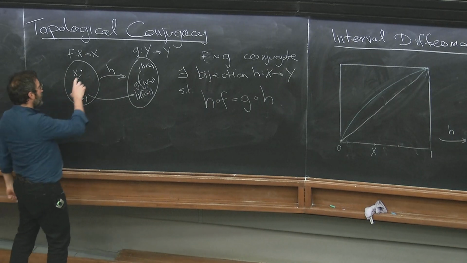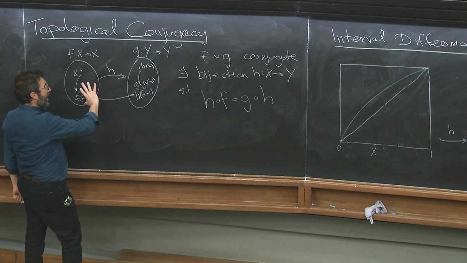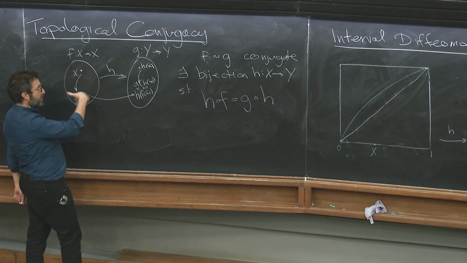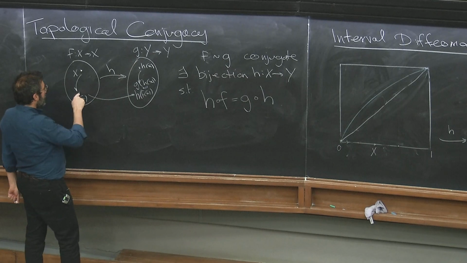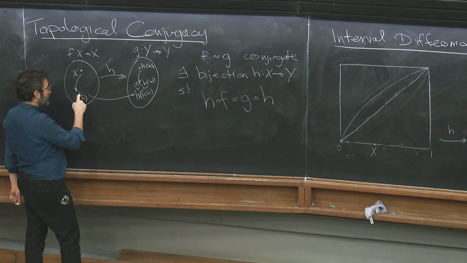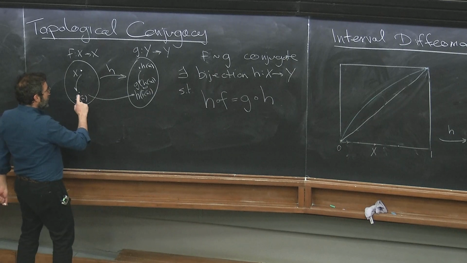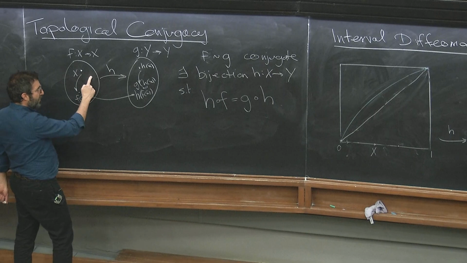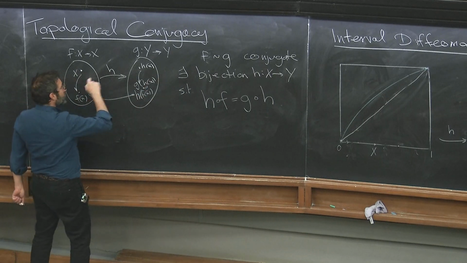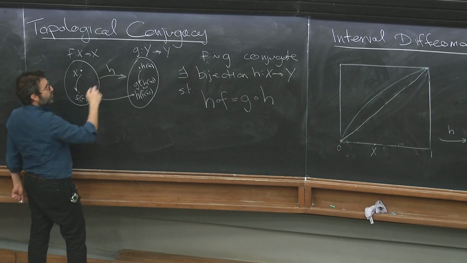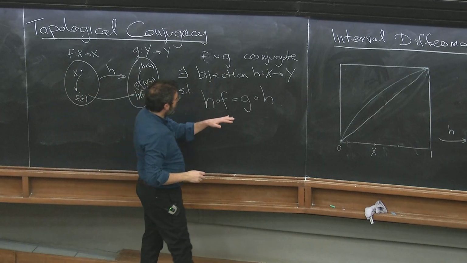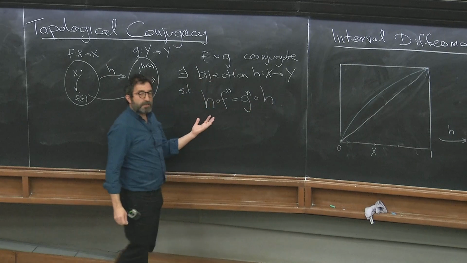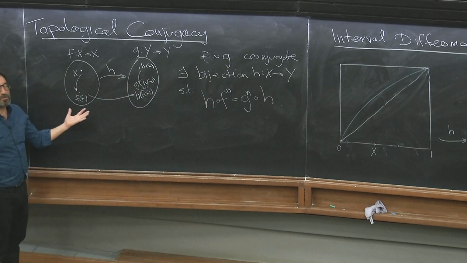We saw that if you have a bijection that satisfies this for all possible points x, then h of f of x is mapped by g to h of f squared of x, and so on. So if you have this condition, you automatically get that all the iterates f^n and g^n are conjugate, right?